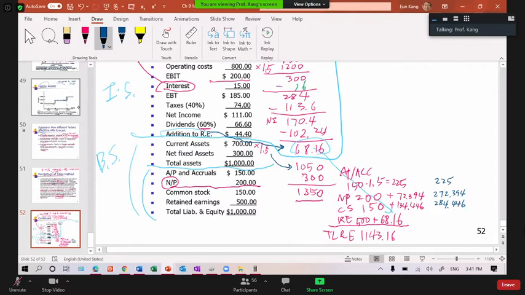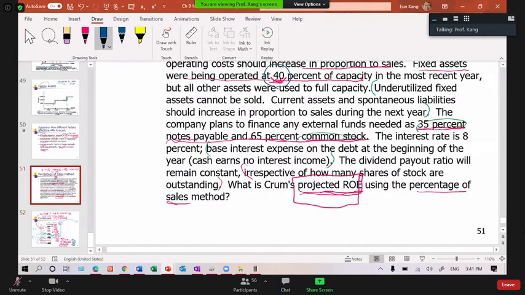And this one is 568.16. If you add them up, that should be the same as left-hand side, 1350, right? So actually you finished everything, but that's not the answer yet. The answer is what would be Crumb's projected ROE, right? So final answer is ROE.